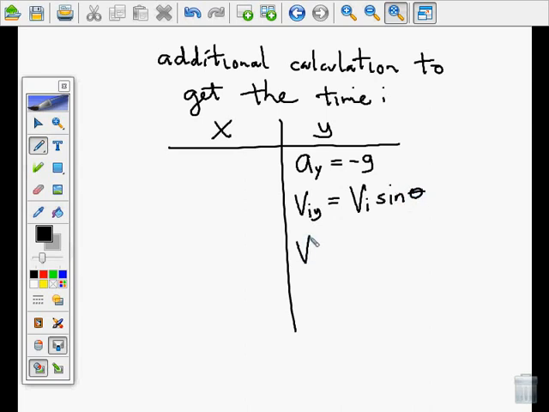But what we also can add is that the final velocity in the y direction is equal to 0 meters per second. But you got to be careful. That's not the final right before it hits the ground. That's the final on the top. A little reminder there. That's the final on the way up at the top. And therefore, we can find the time on the way up. Sometimes I call that t sub up, the time on the way up.